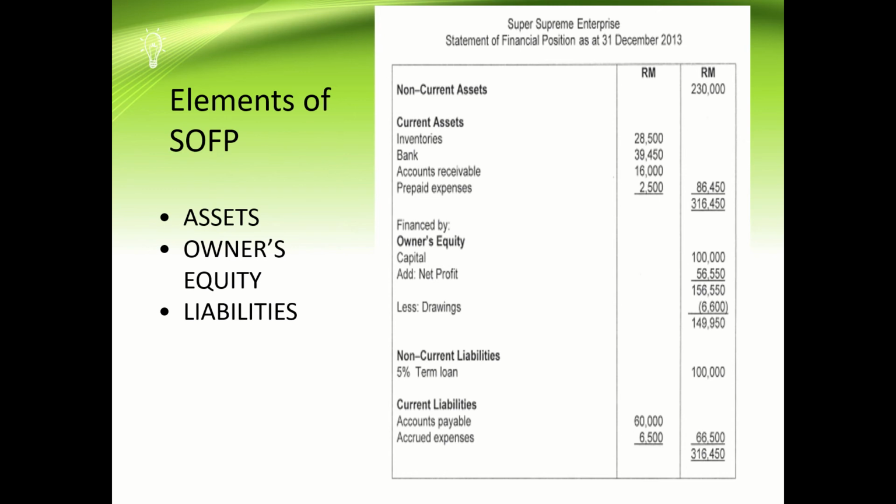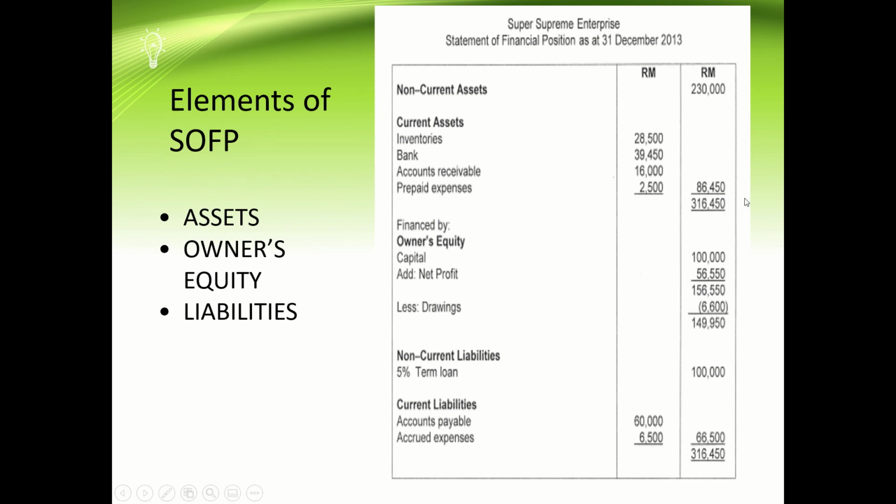So, if you look at the example of the statement of financial position for Super Supreme Enterprise, you can see the elements of the statement of financial position consist of asset, owner equity, and also liability. So the total asset will always be the same as the amount of owner equity plus liability.